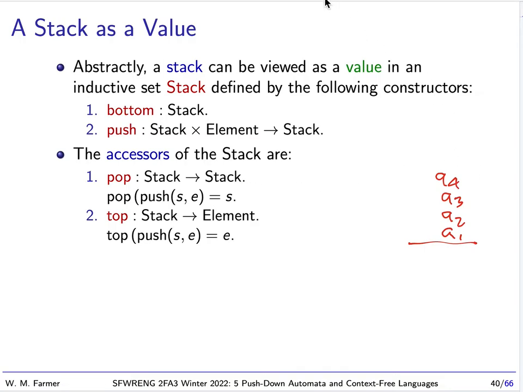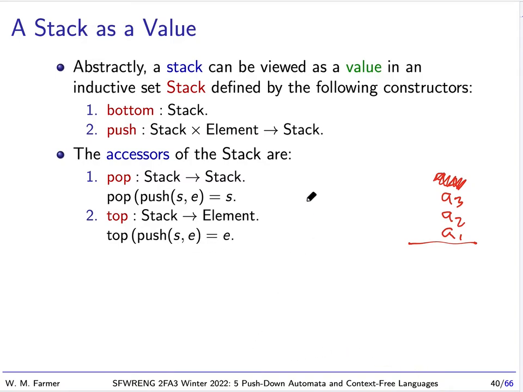Pop takes off the top thing and gives us another stack, the stack without the top thing. So pop takes a stack created by push, and it returns the stack that was obtained by pushing something on a stack. And then there's another accessor called top. Top gives you the top value. So the top of push S and E gives you E.